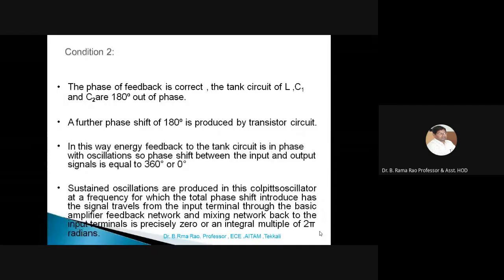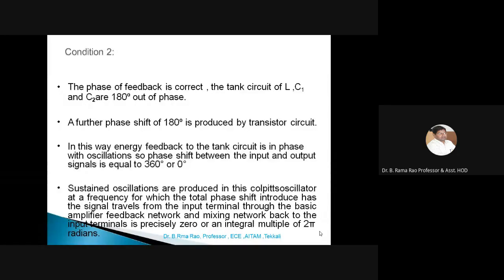So I think up to this, all of you are familiar with the circuits of the LC oscillators, that is the Hartley oscillator and Colpitts oscillator, the construction and operation of the circuit, and mathematical analysis. For the mathematical analysis, you simply take the generalized expression consisting of the combination of Z1, Z2, Z3.